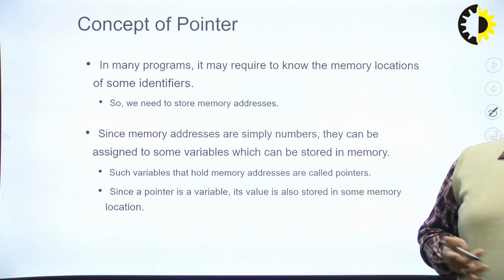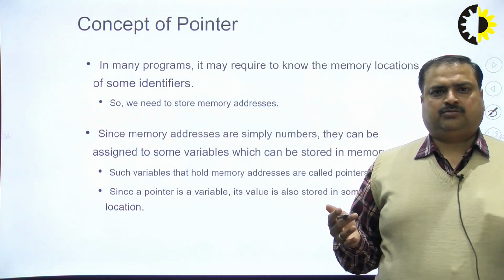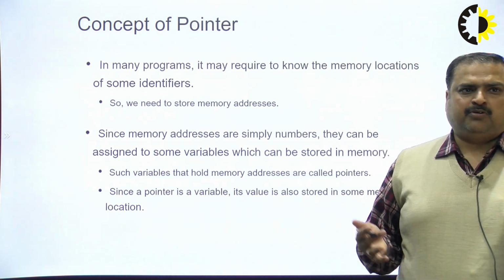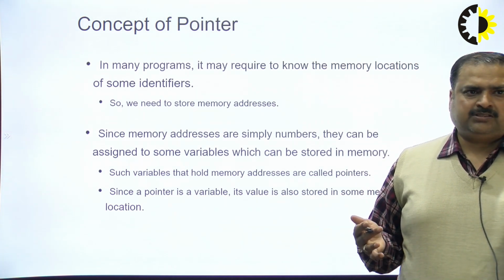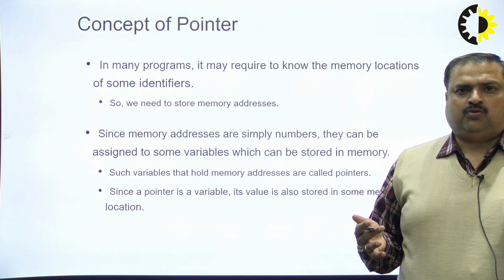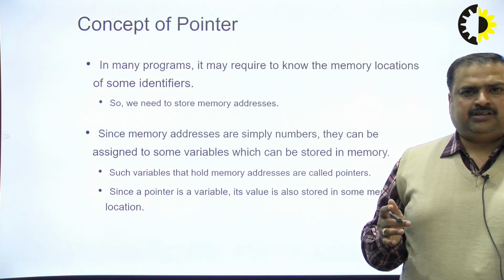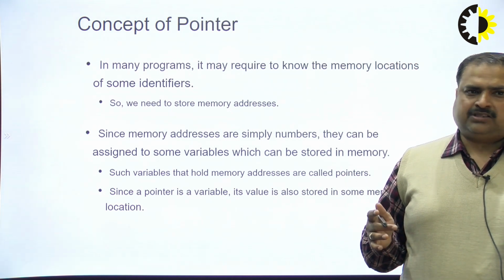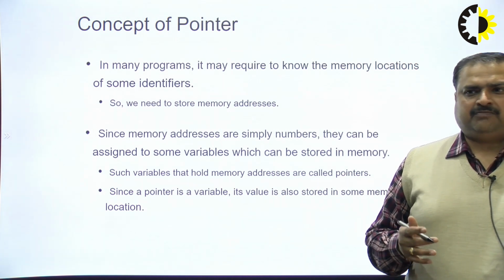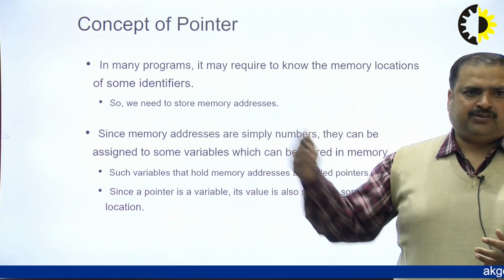So, in many programs we may require access to memory locations of some variables. That means we need to hold the address, and these memory addresses are generally in the form of numbers, and they can be assigned to some variable, and that variable will also be stored somewhere in the memory.